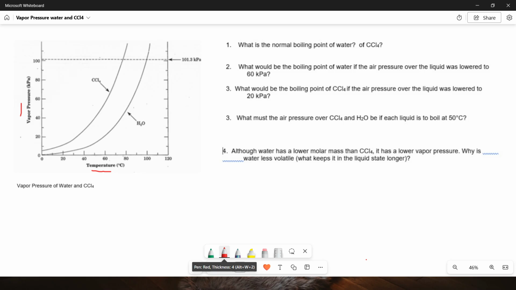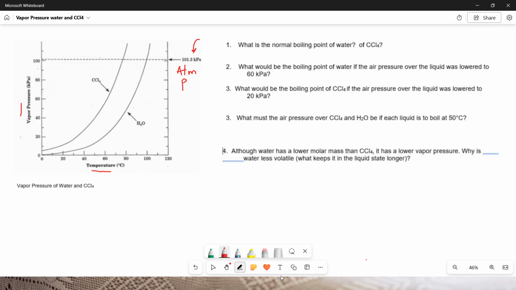I want to point something out that wasn't in video 2's example. Right here I have 101.3 kilopascals, and that represents the air pressure, the atmospheric pressure in our example.